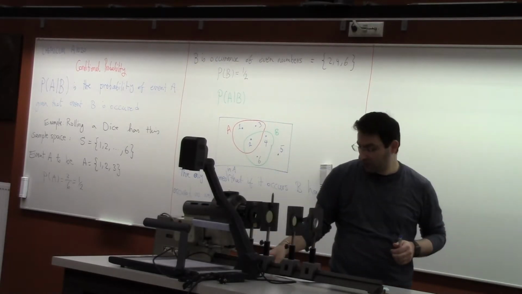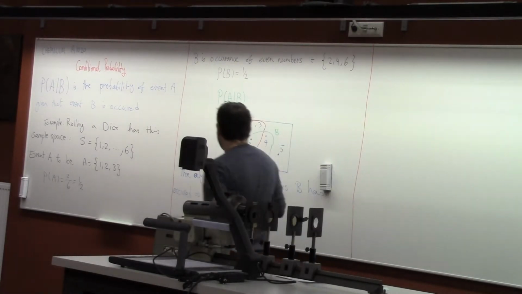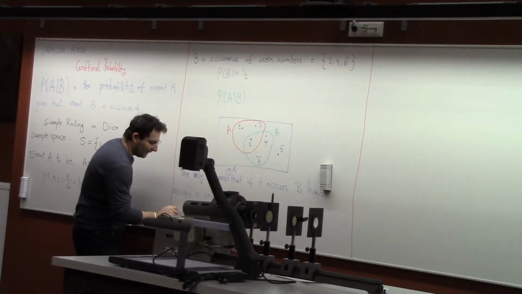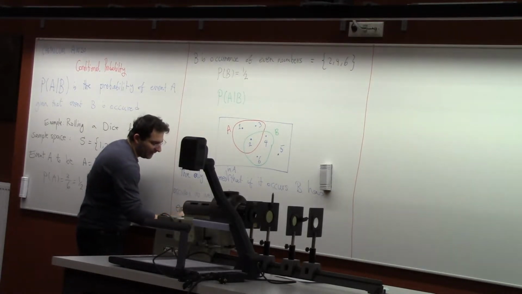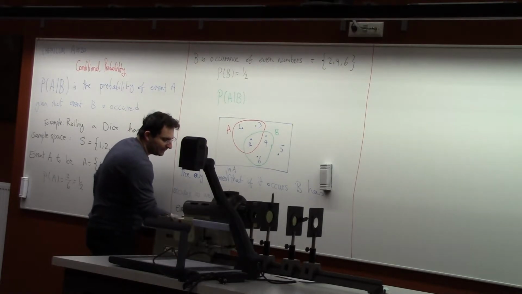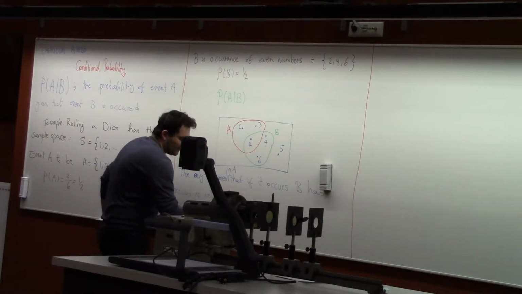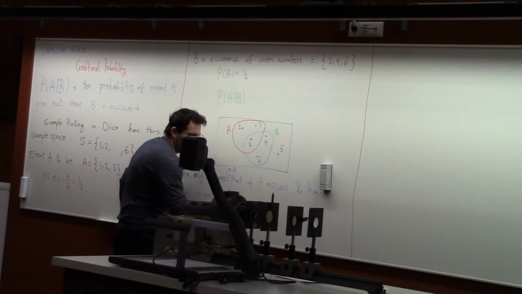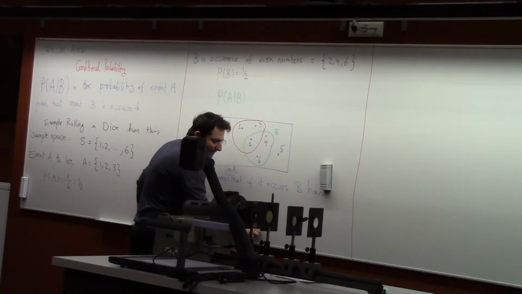Is 2. Event B dictates the new sample space.